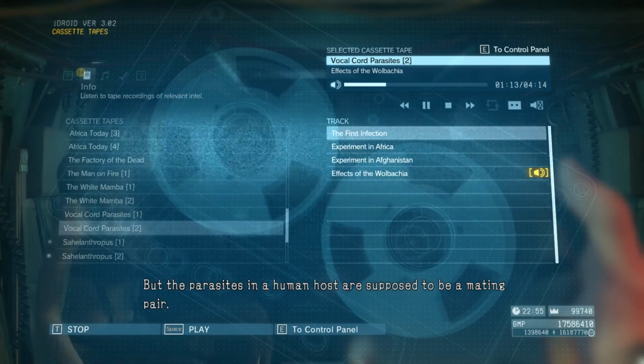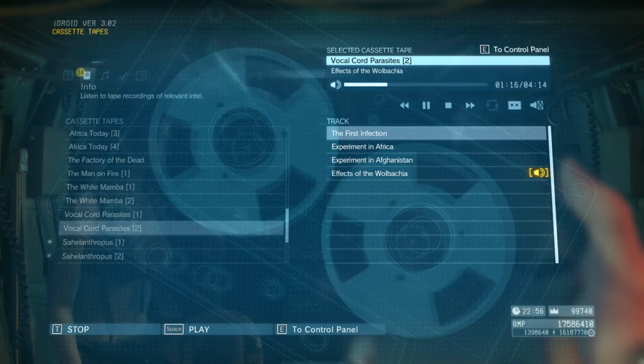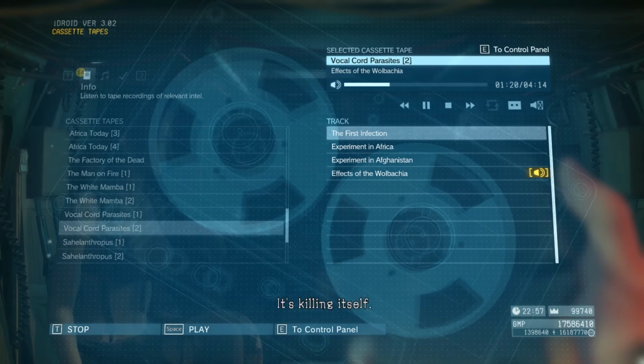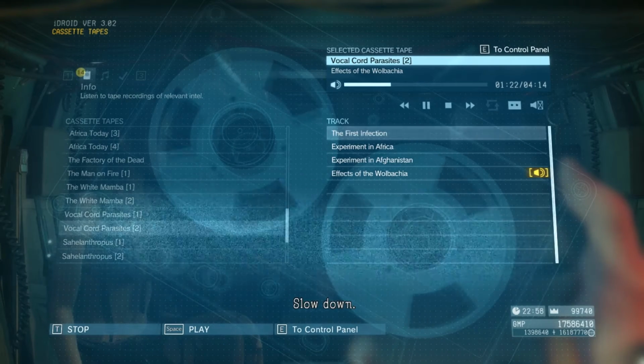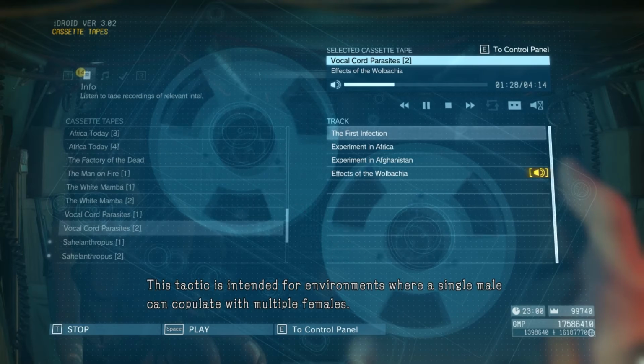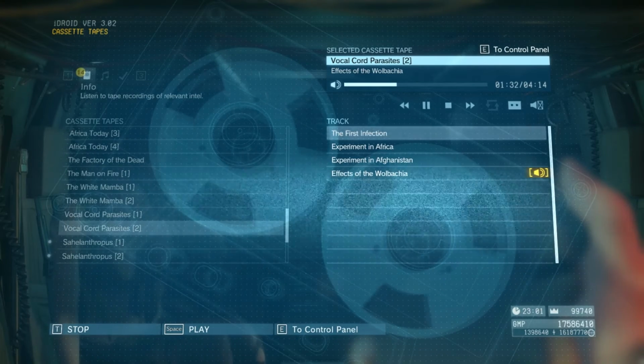But the parasites in a human host are supposed to be a mating pair. If there's no male, there'll be no offspring at all. It's killing itself. Slow down. This tactic is intended for environments where a single male can copulate with multiple females.